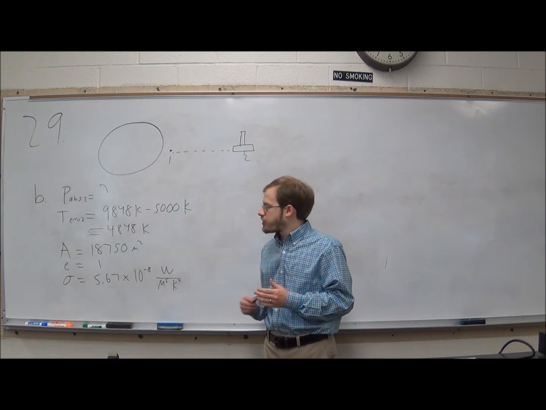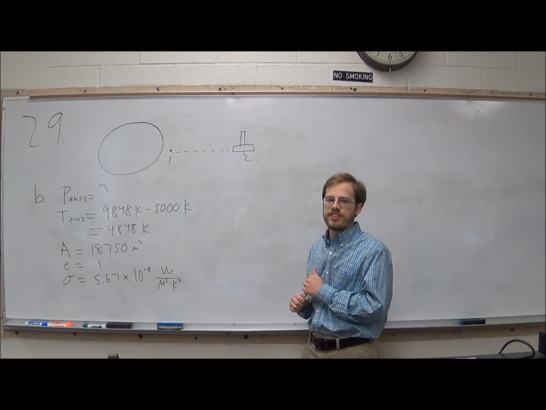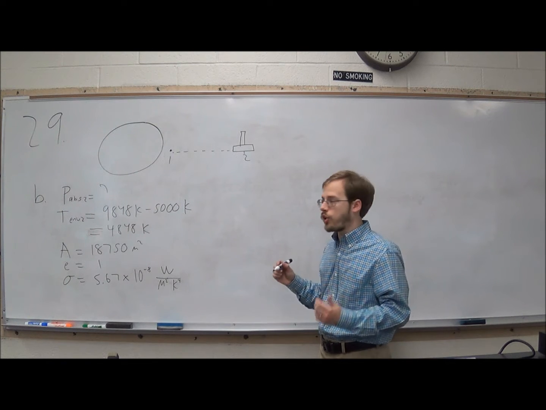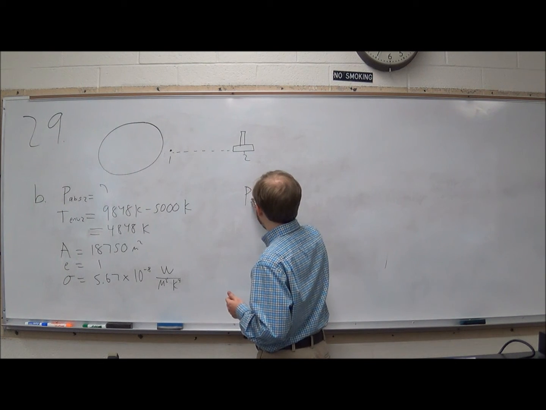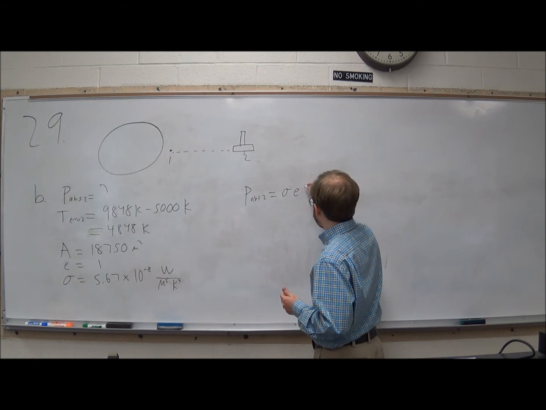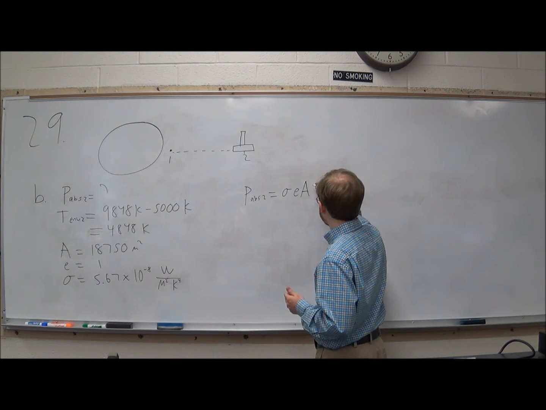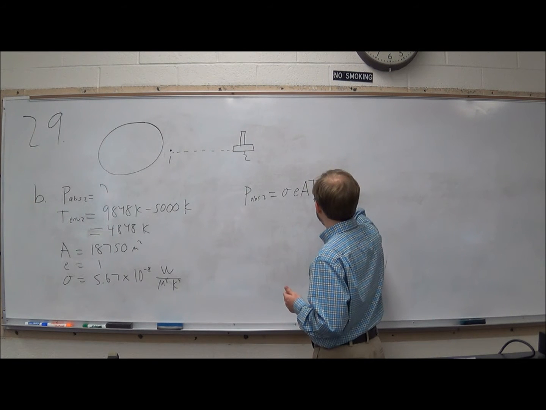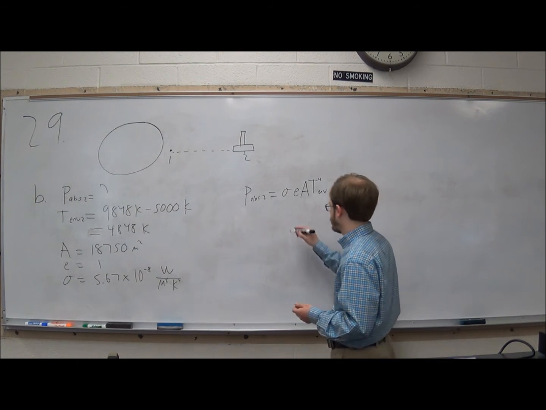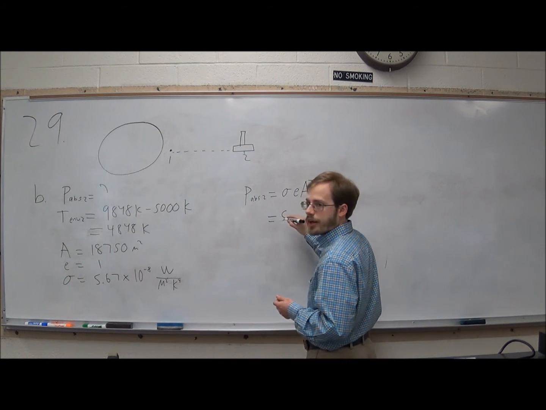And again, our cross-sectional area is the same, our emissivity is the same. So again, we're going to apply Stefan's law. P absorbed 2 equals sigma times emissivity times cross-sectional area times temperature of the environment to the fourth power. So go ahead and plug in our numbers here.